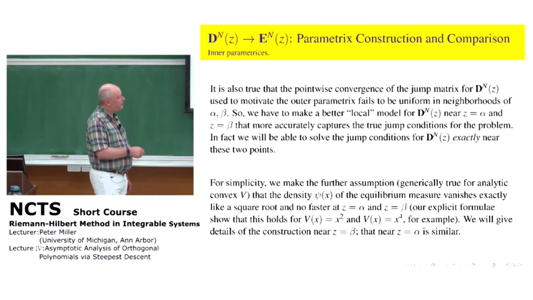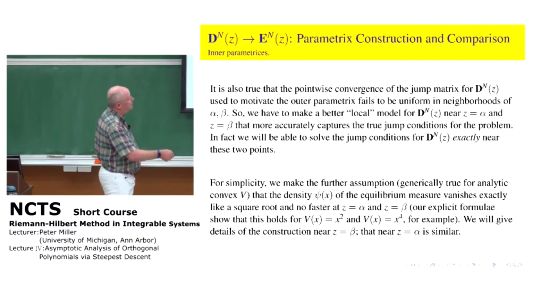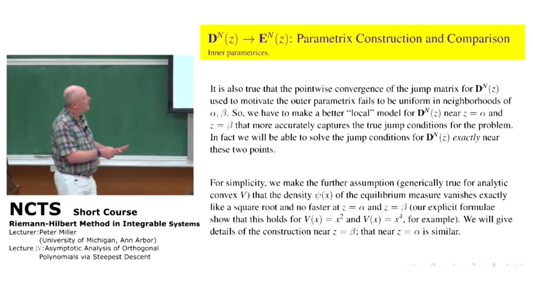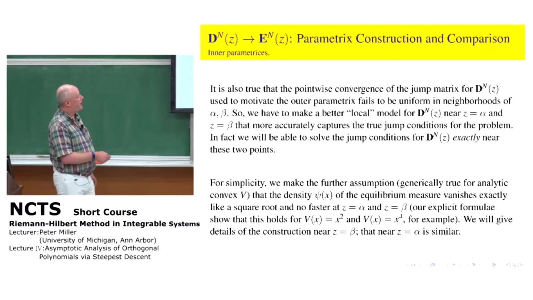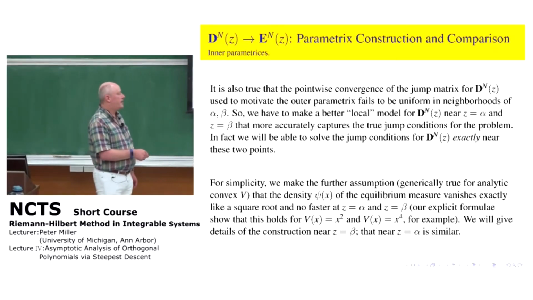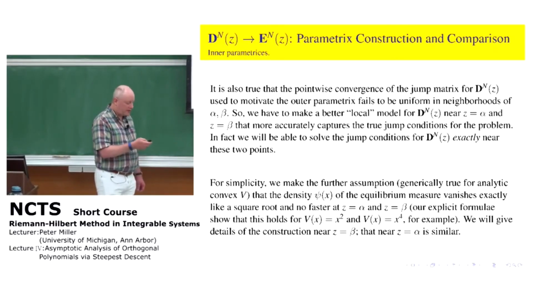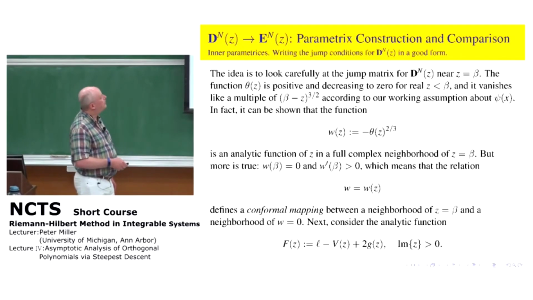So in the 2 cases that we wrote down by examples, you can just see that that's true. And I'm just telling you that it's a generic condition. So you can make up examples, specialized examples where it fails, but in general it's true, and it's certainly true in these 2 examples. So let's assume that we have square root vanishing of psi near alpha and beta. And so now we're going to give all the details of how to do the construction near beta, and then you'll see that it's all very similar for z near alpha.